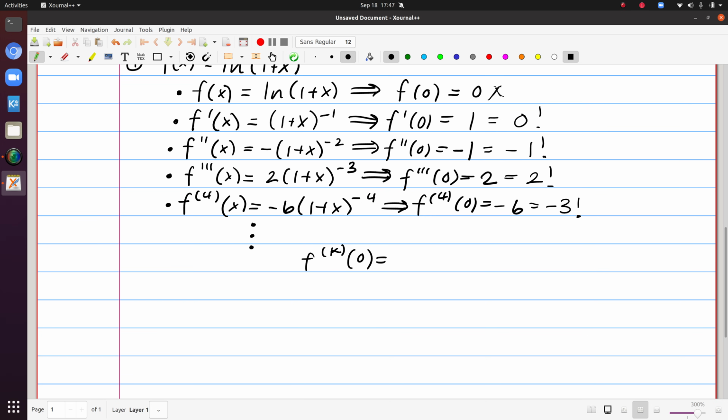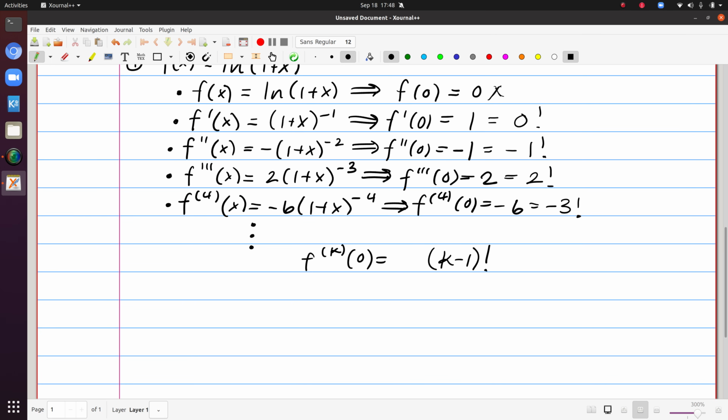For the moment, what I can see is, first of all, that factorials are involved. It looks like when I take the kth derivative, I'm really getting k minus 1 factorial. Notice that the fourth derivative involved 3 factorial, the third derivative involved 2 factorial, and so on. But the other thing we have to make sure we account for is the sign change.